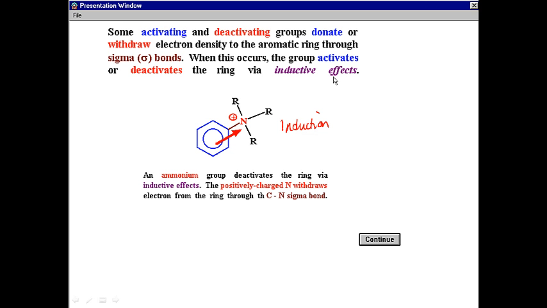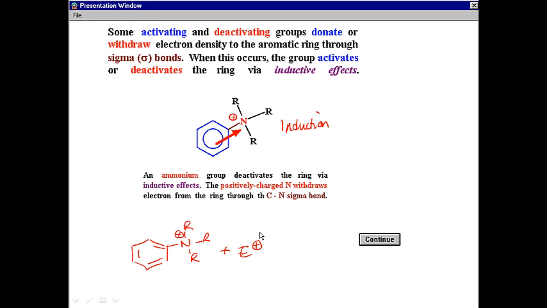Now you could say, really? That's what makes an ammonium dead last on the chart? I don't think so. I would probably say, okay, yeah, it deactivates the ring by induction, but I might go a step further. And I might say this. I get a positively charged ammonium with a benzene ring, and I'm trying to add an E plus to that.